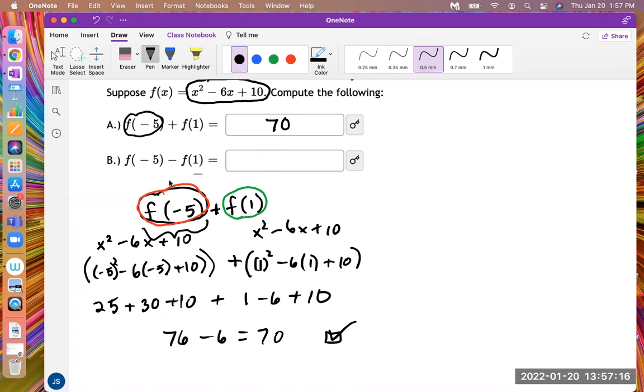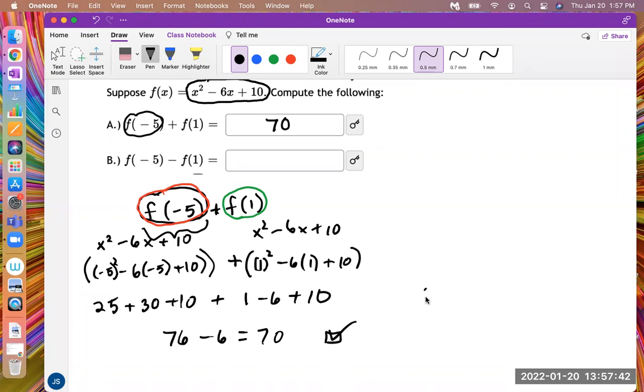Then we can do the same thing with the second part. It's going to be very similar. We have the f of -5, and then the f of 1, and we don't have to do very much work for the second part, because the only thing that's different is that there's a negative sign here, so I have to be careful.